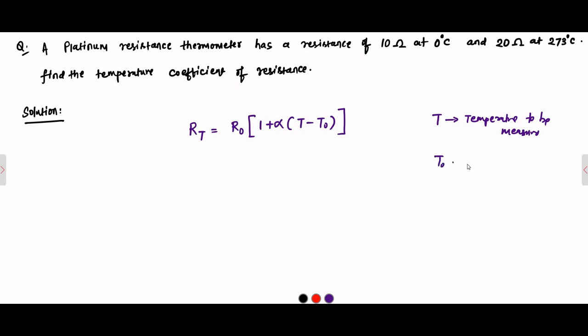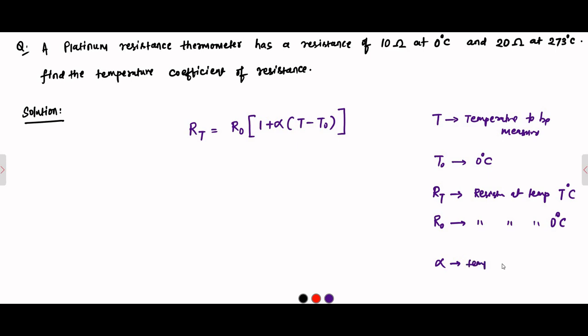T0 is generally 0 degrees Celsius, one of the reference points, and RT is the resistance at temperature T degrees Celsius, and R0 is the resistance at 0 degrees Celsius.